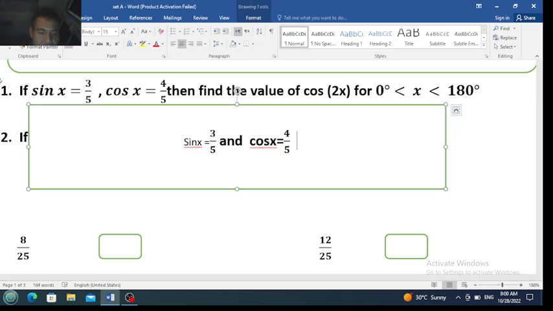Therefore cosine of 2x is equal to cosine square of x minus sine square of x. I will use this one.